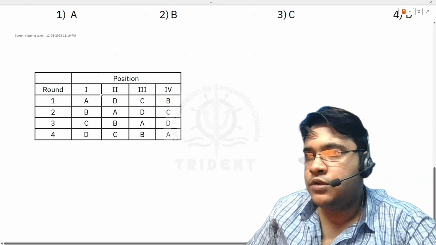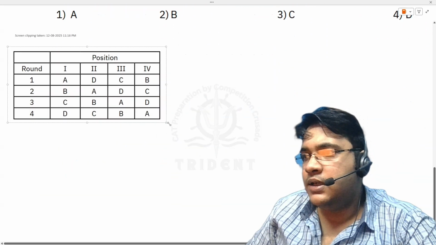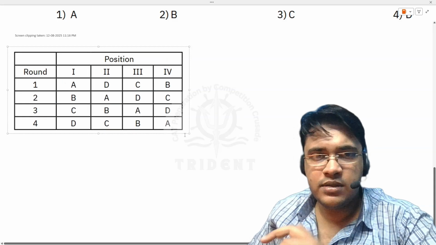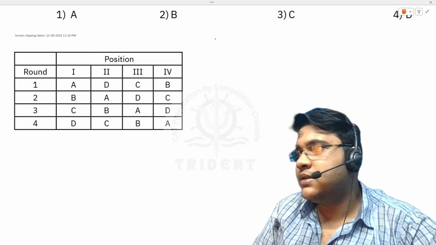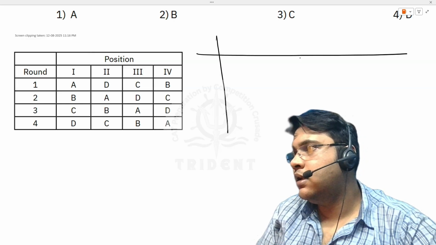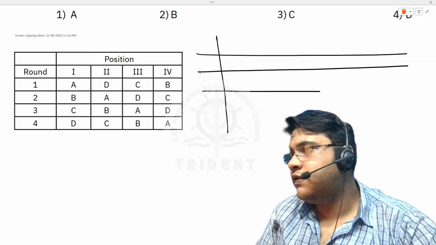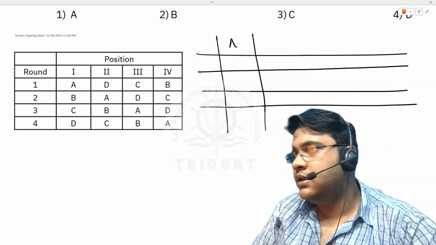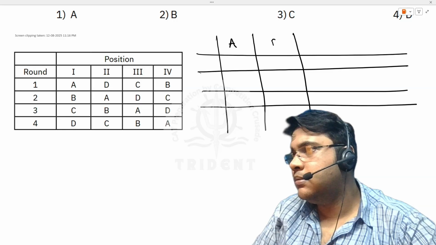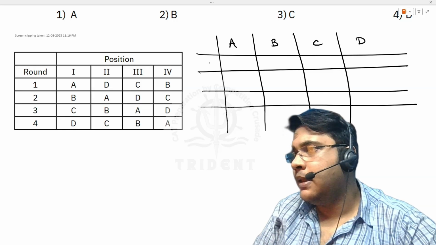Now let us try to interpret this data, because other than this, we don't really need to do anything else. What I'm asking you to understand is that for the 4 friends A, B, C, and D, let us make the table.